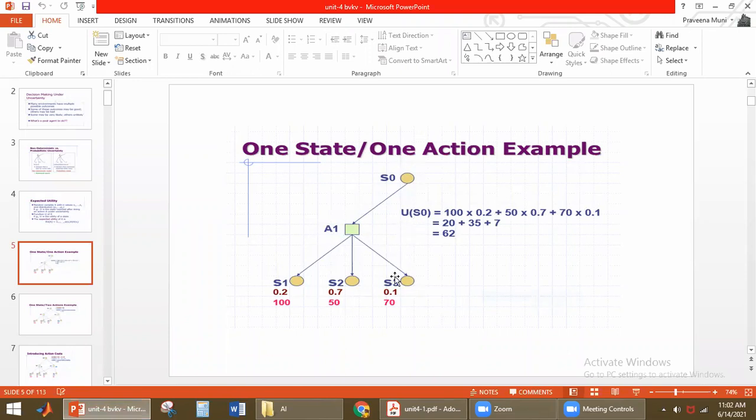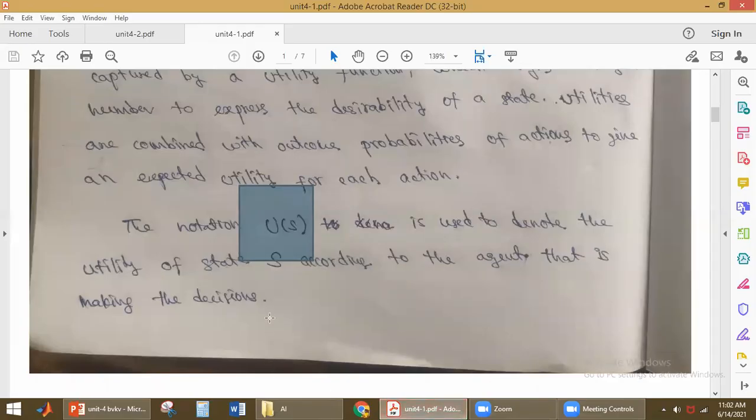Similarly, for any state S, the utility for the agent to take the decision is U of S. U of S indicates the utility of state S according to the agent that is taking the decisions.